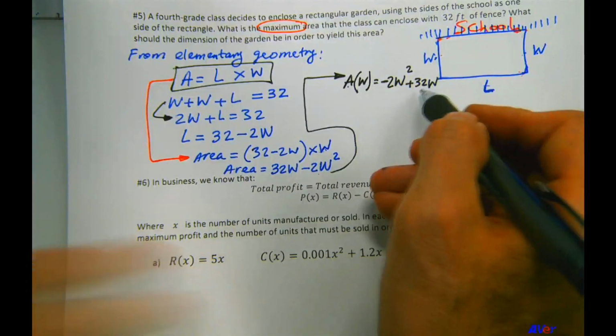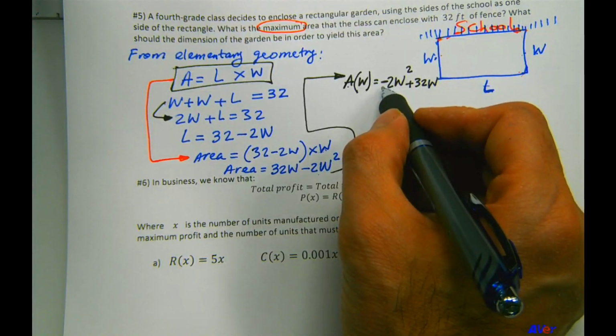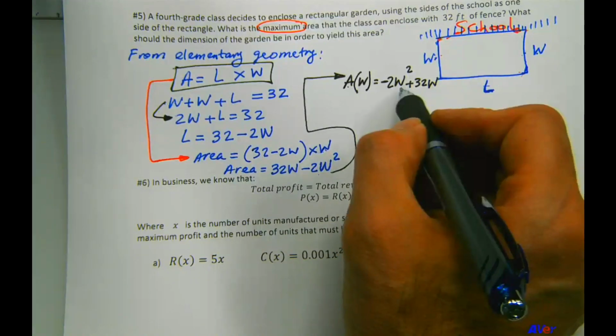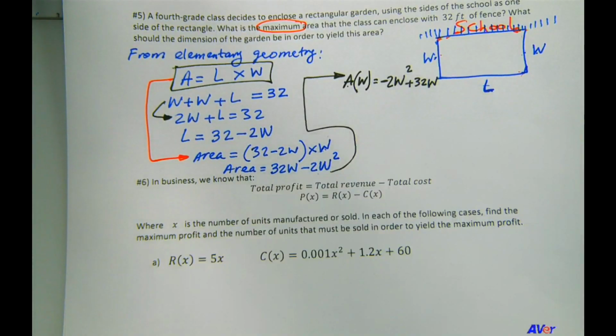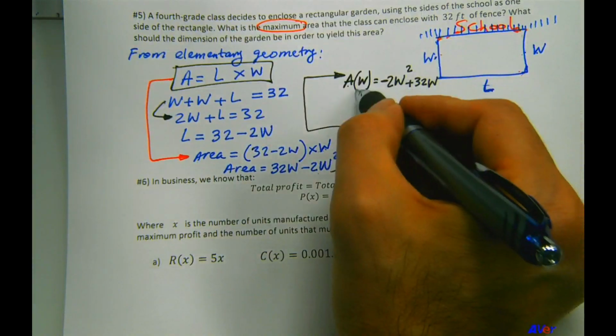So we have a quadratic equation. The coefficient of the quadratic term is negative, which means we're going to have a maximum. Because if you graph this quadratic equation, it's going to be an upside down curve, which means it's going to have a maximum point. So it makes sense to maximize this equation for area.